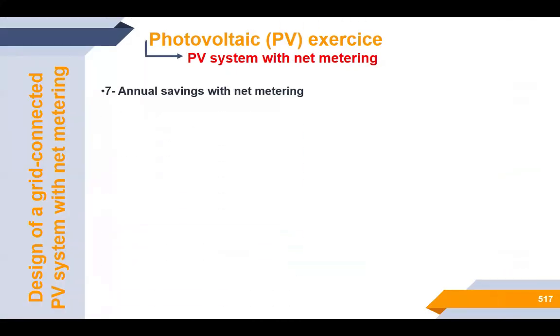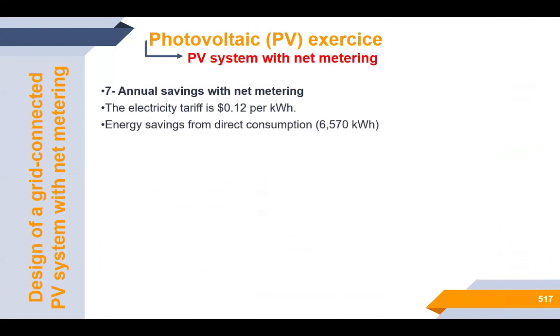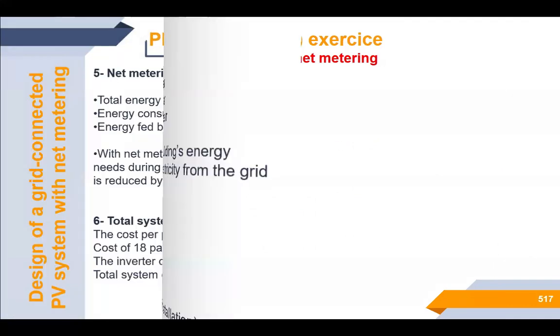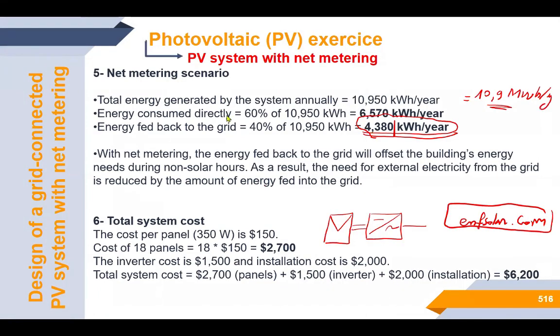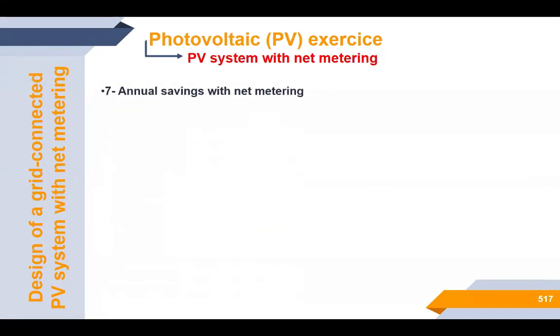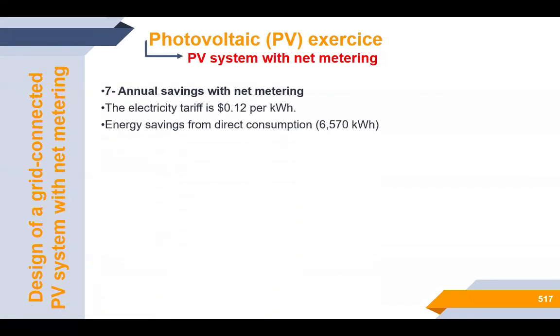So the annual saving with net metering is about 40%, which we have already calculated. Okay, this is the energy consumed directly, and this is the energy fed into the grid. The energy saving from direct consumption is this value.